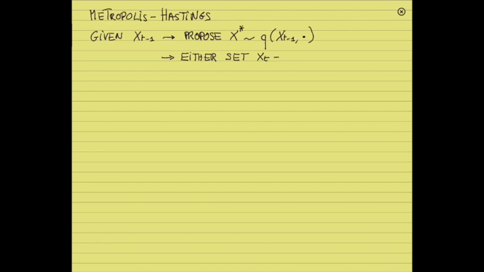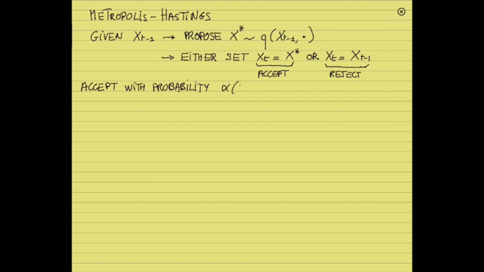That is, we're going to set xt equal to x star, or we're going to set xt equal to xt-1. Either one of those two things will happen with a certain probability. Again, xt equal to x star is referred to as the acceptance, and xt equal to xt-1 is referred to as the rejection of the proposal. We're going to accept with probability denoted by alpha of xt-1 and x star, so it's a function of the previous state xt-1 and the proposed state x star.